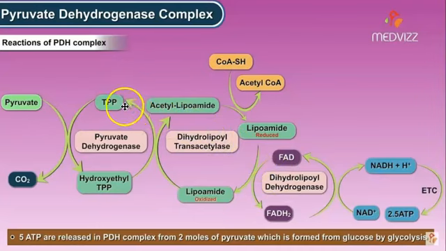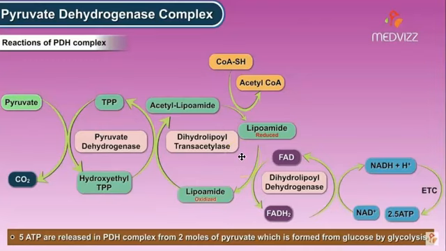So we have TPP up here, which is also known as vitamin B1. Then we move over to FAD, which is vitamin B2. We have NAD over here, which is vitamin B3. Coenzyme A is up here, which is vitamin B5, and then lastly we have lipoic acid.